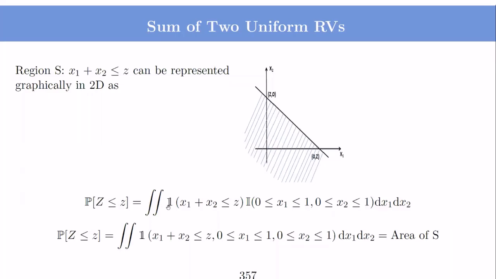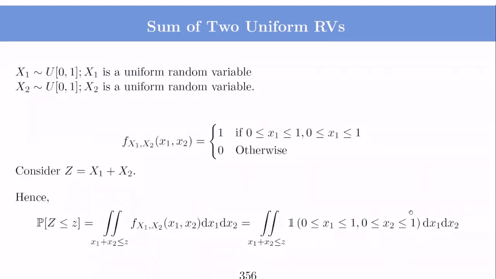This is equivalent to saying that you want to integrate the indicator of this multiplied by the indicator of this over the complete R squared. Remember that when we say we want to integrate over a region S, this means that for every other point not in S, we don't count the contribution.